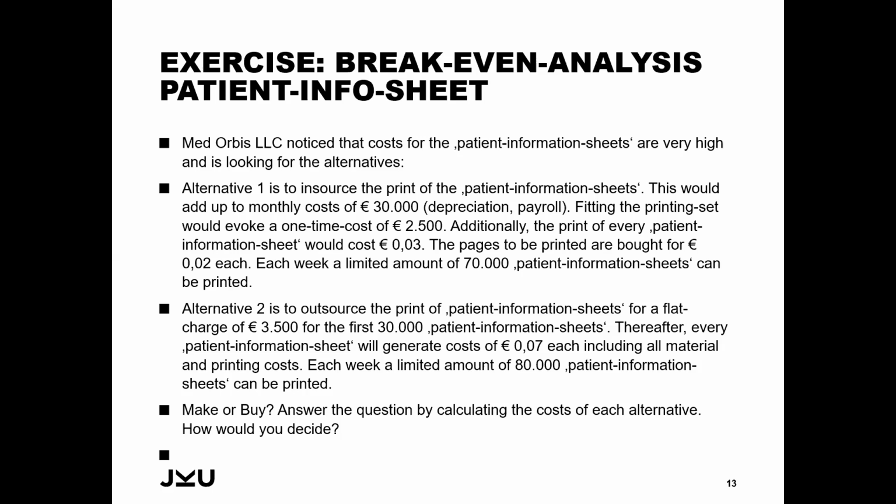$2,500. That's a one-time only cost, and it's due to fitting the print set. So it's directly related to getting started with the prints, to insource it, to make the prints ourselves.